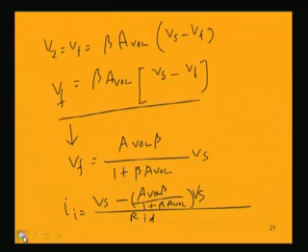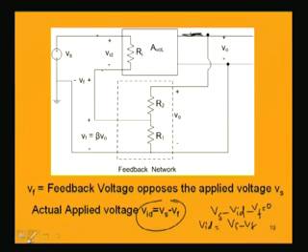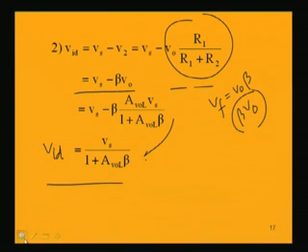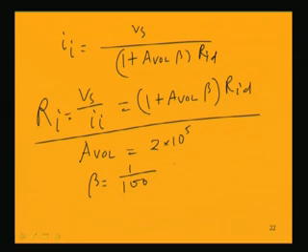That resistive network has the beta value R1 by R1 plus R2, given as 1 by 100, and RID is say 2 megohm, a typical value for the 741 IC.